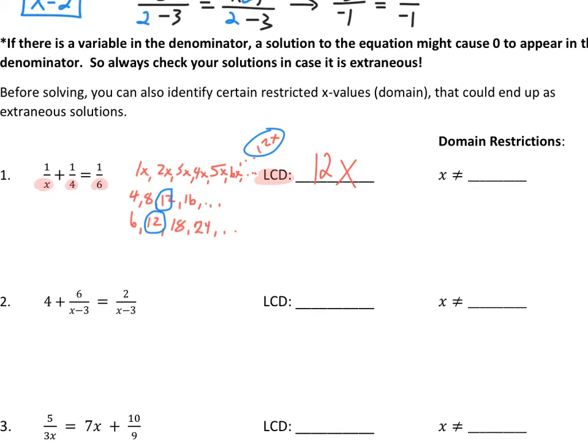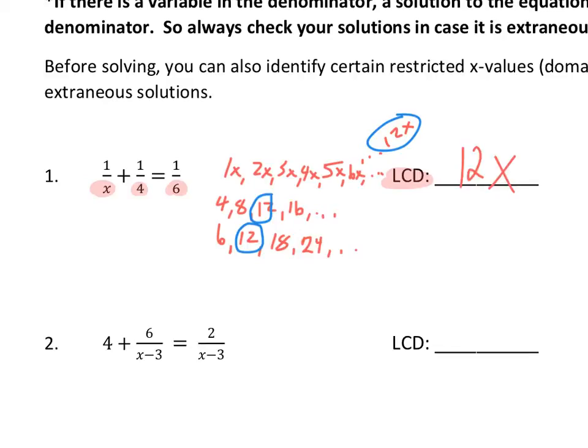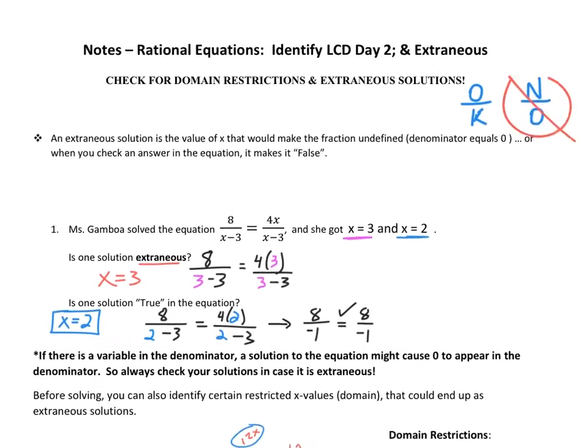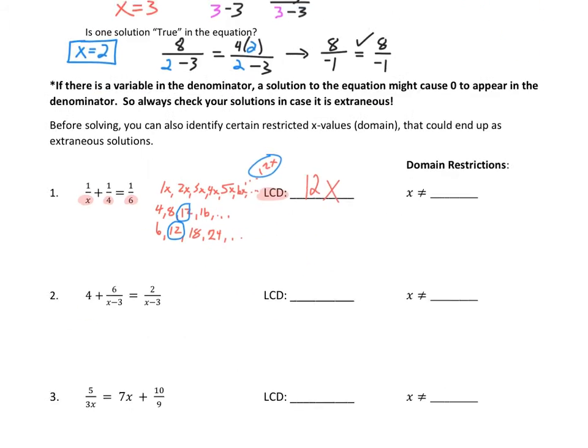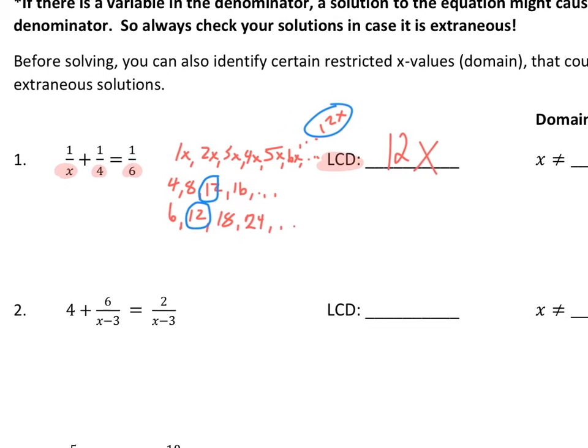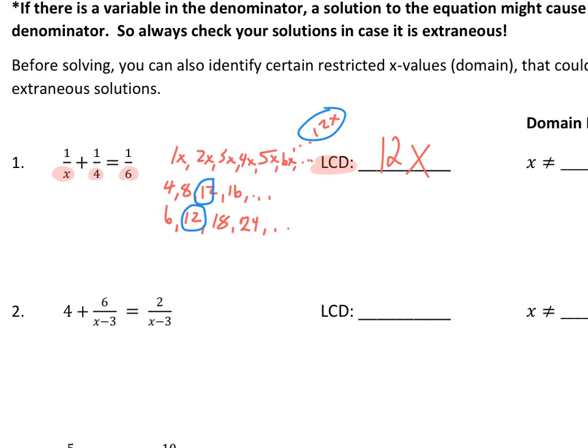Now the domain restrictions go back to what I had mentioned up here, how you don't want 0 in a denominator. That's going to be restricted if a number makes 0 happen. These are kind of simple looking because 4 is always 4, 6 is always 6. X is the only one where there's a variable happening, so this is the only one I care about looking at.